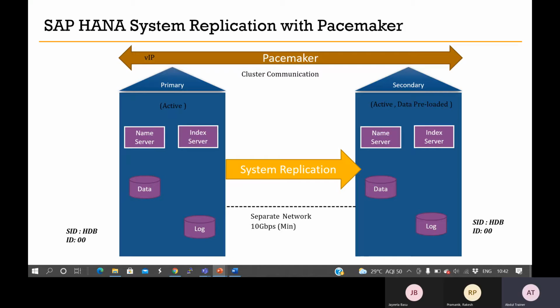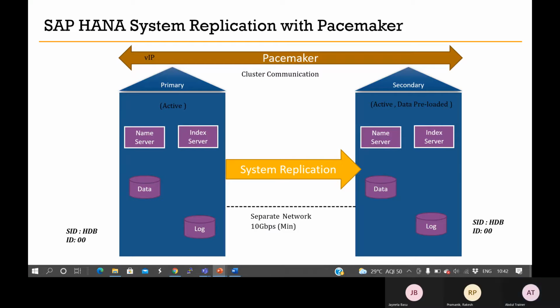Pacemaker continuously monitors your primary database. It sends a broadcast message, and the primary sends the acknowledgement to the pacemaker. Initially the virtual IP will be pointed to the primary, because the primary database is always active, sending the message to the pacemaker that I'm alive, I'm alive.